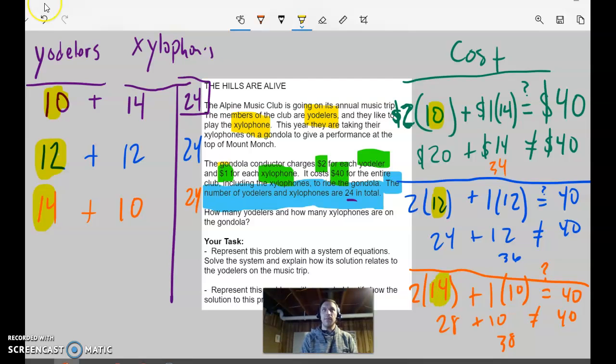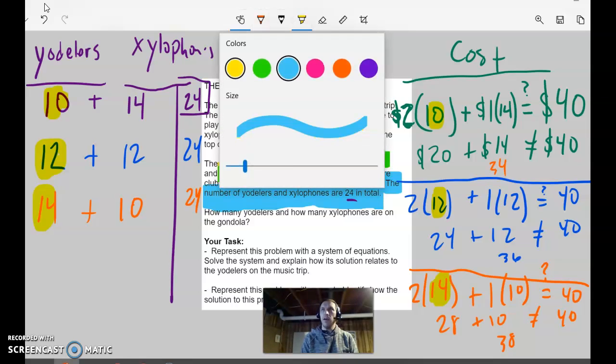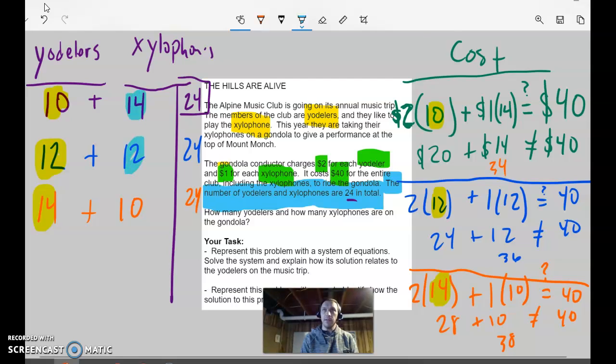Anywhere I'm guessing the number of yodelers, I was multiplying by $2. Anywhere I was guessing the xylophones, 14 is showing up here, then 12, then 10, it was showing up where I was multiplying by $1. And so, can you generalize this idea now?